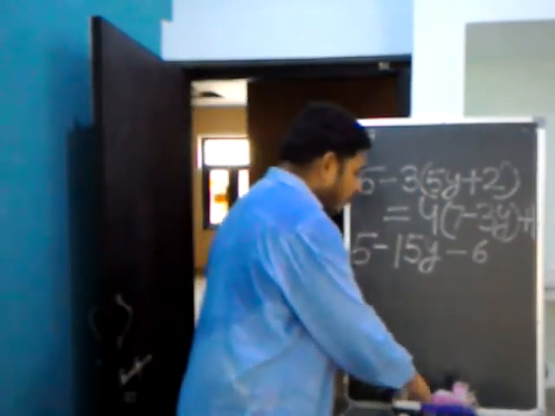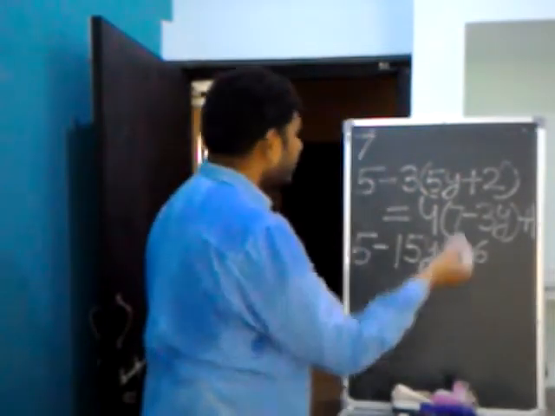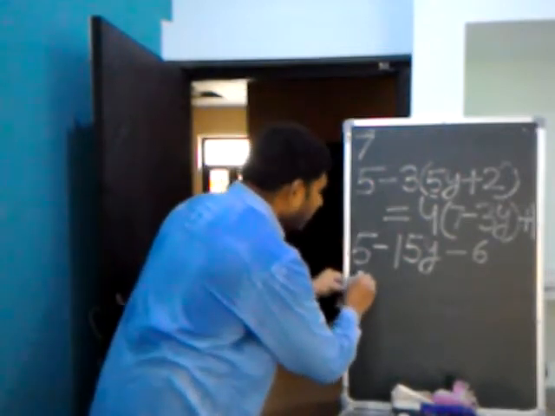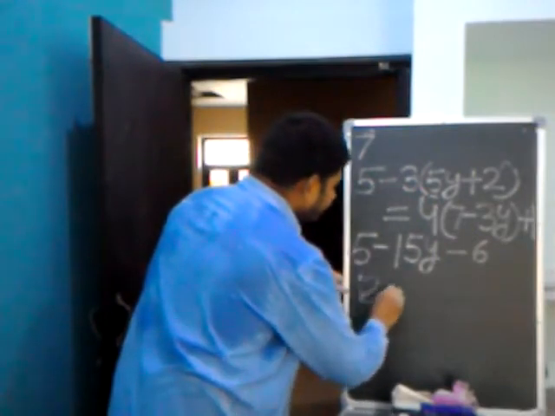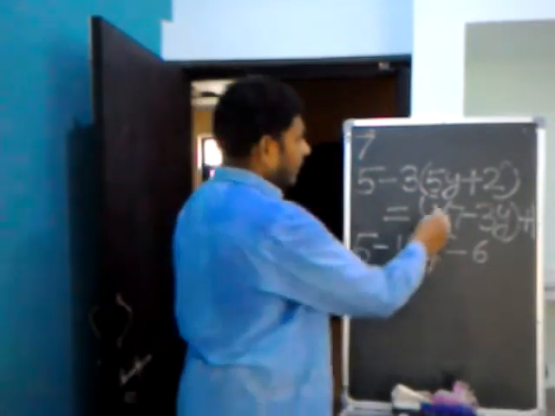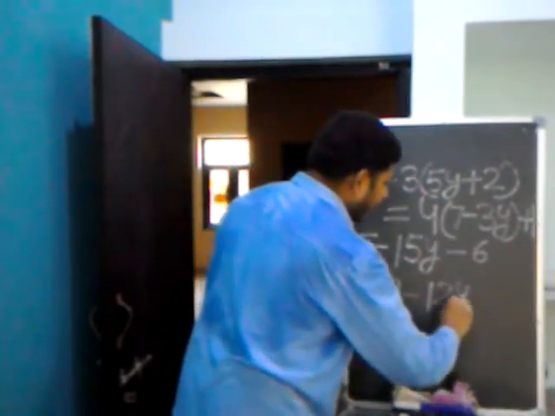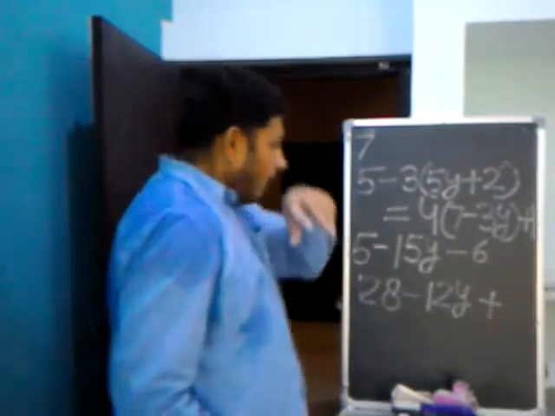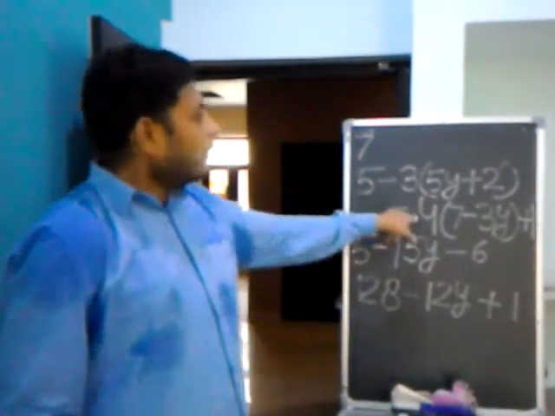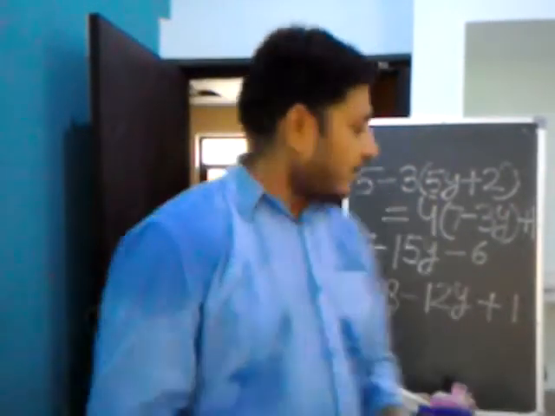Now I will find the right hand side. 4 times 7 is 28 and minus 4 times 3y is minus 12y, plus 1, because 4 is a positive integer and 3y was negative, the answer is a negative integer.